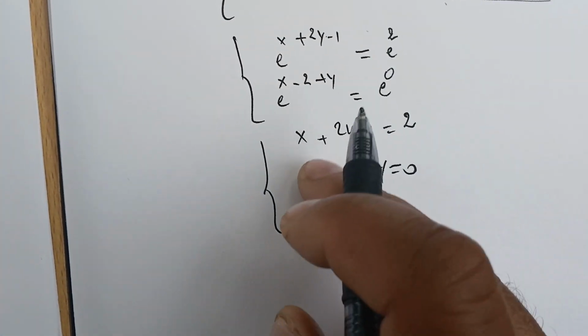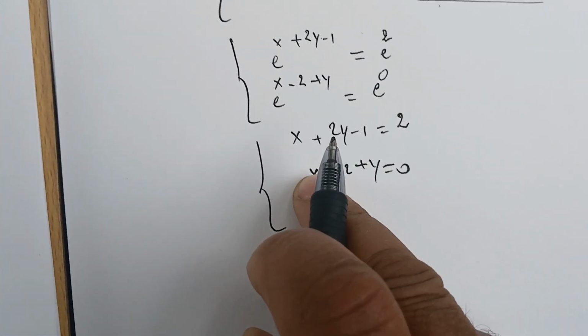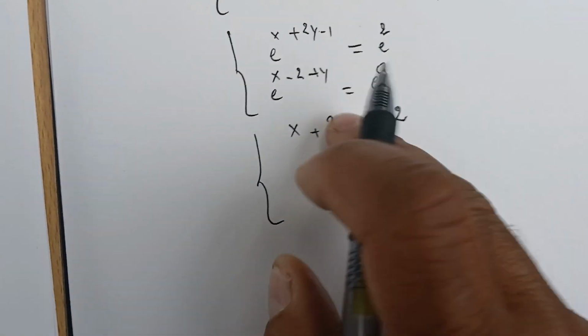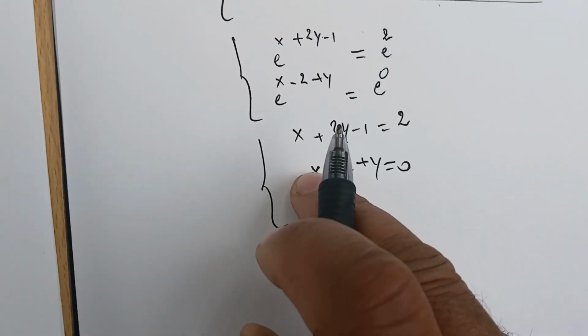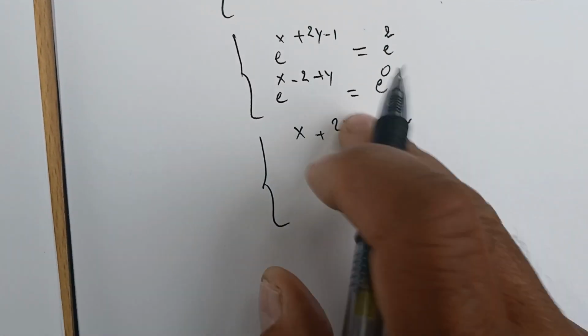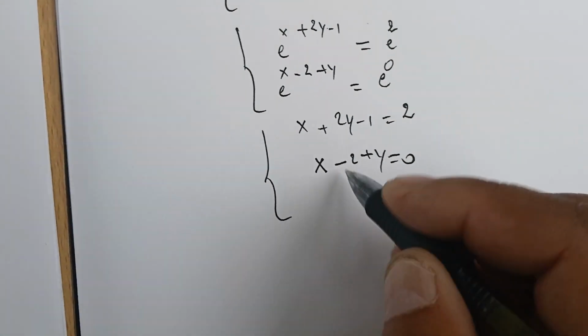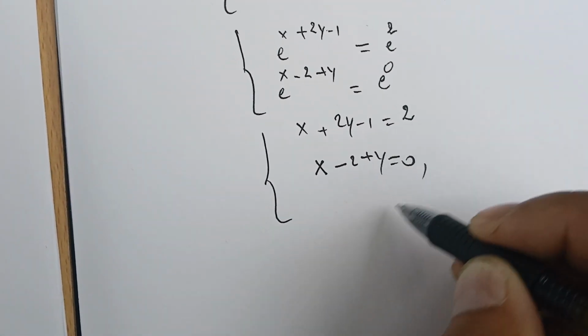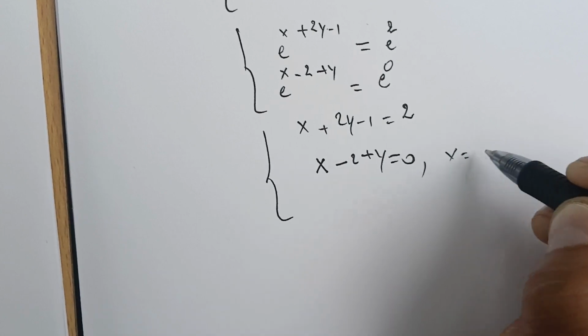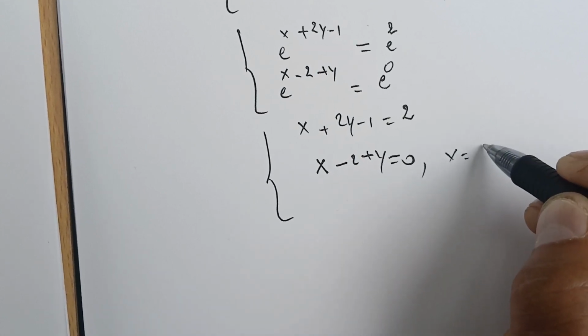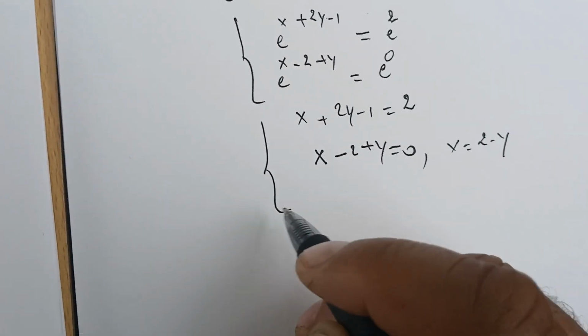So we can get x in terms of y and plug it here and solve for y, or we can get y in terms of x and plug it here. So let's do that. The second equation gives us that x is 2 minus y.